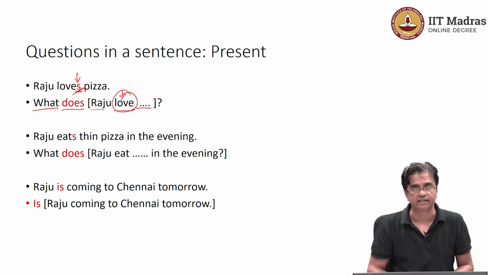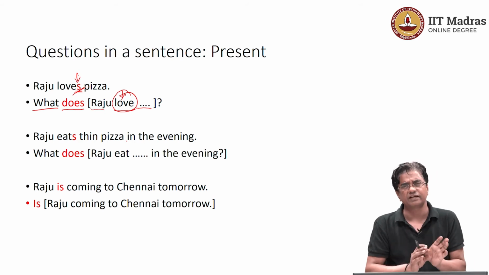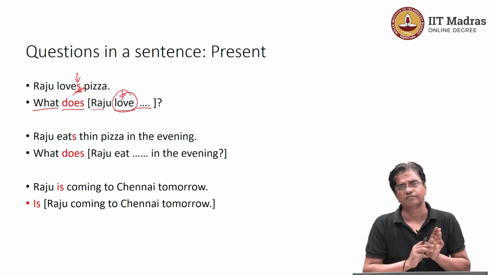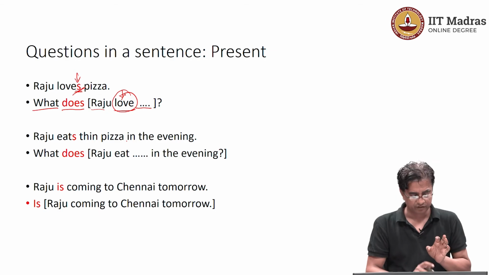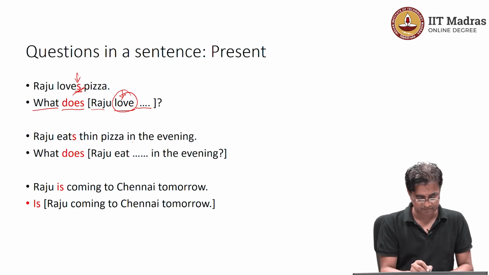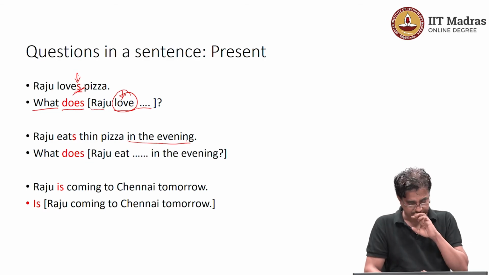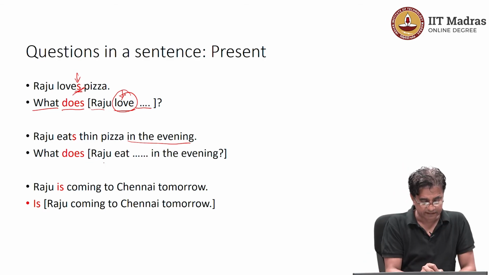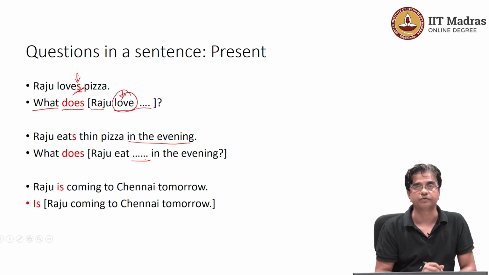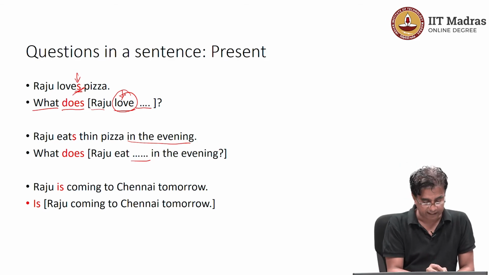Look at another sentence. Raju eats thin pizza in the evening. Irrespective of other components of the sentence, that is some kind of adjunct. When we say, the question is, what does Raju eat? Again, the object of this verb is being questioned, and you see the same thing here.